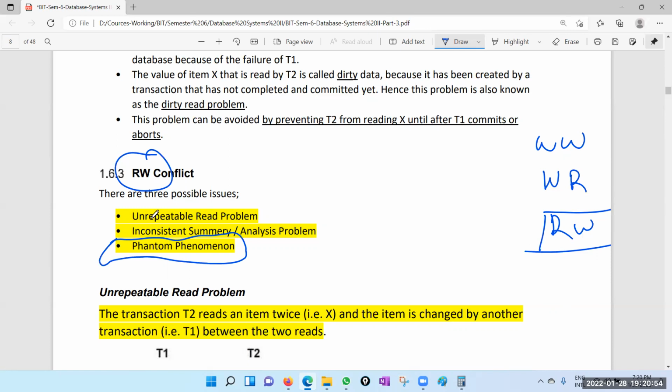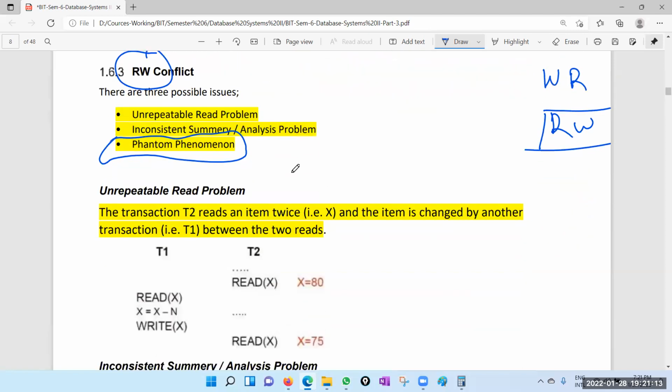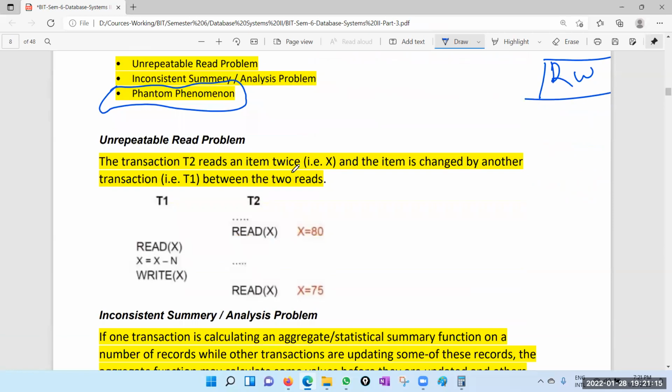Okay, read-write conflicts. So what is read-write conflict? I told you that only read-read is not a possible conflict. So how can this be an issue? This is what happened, a possible issue.